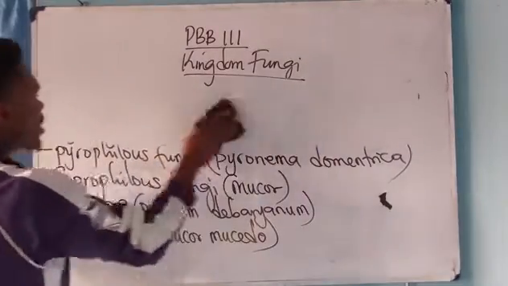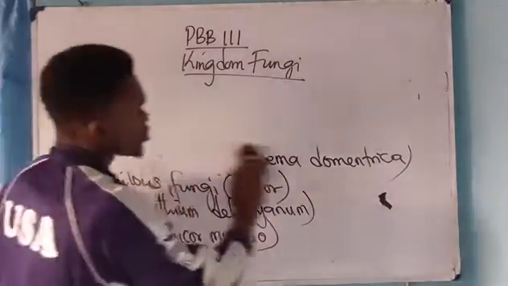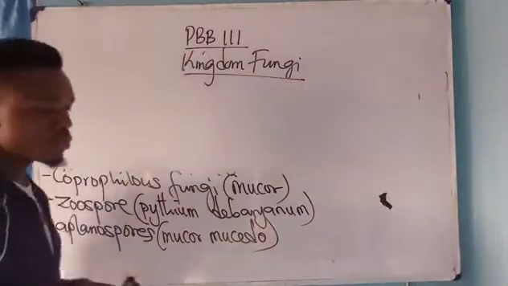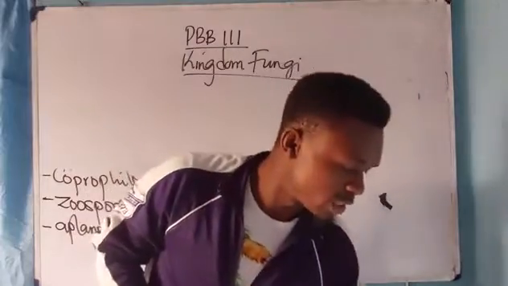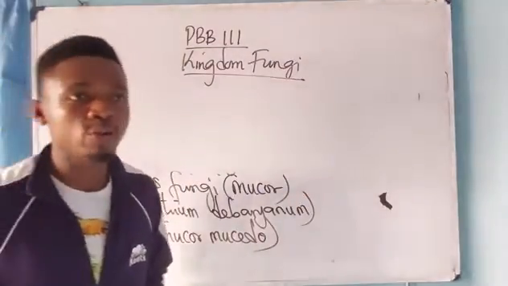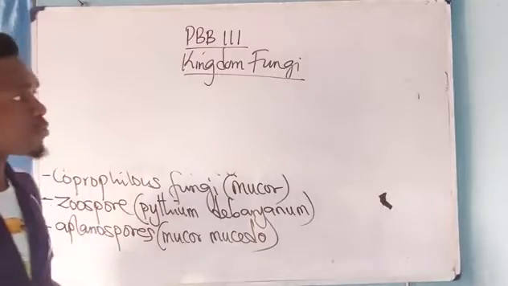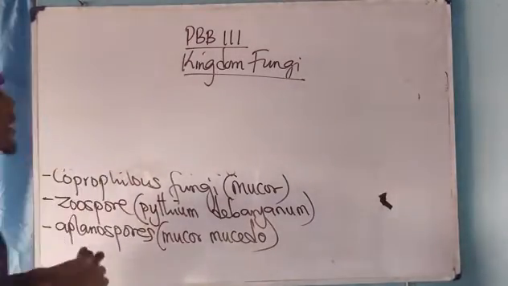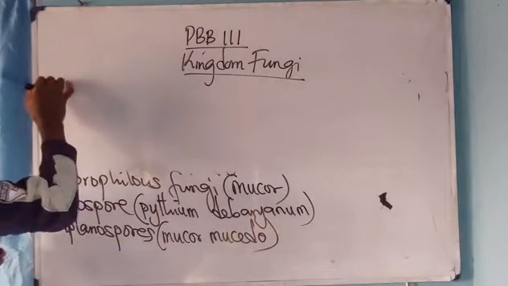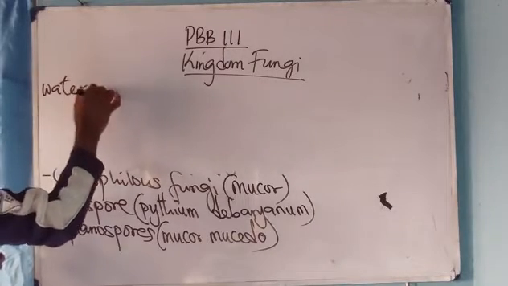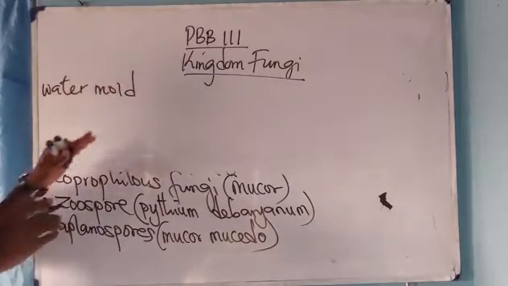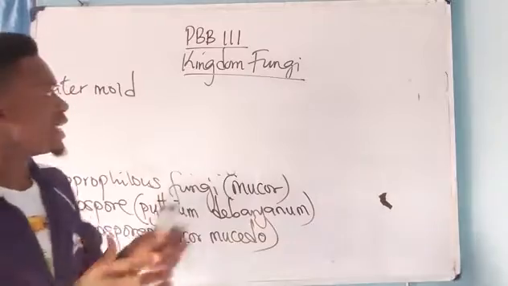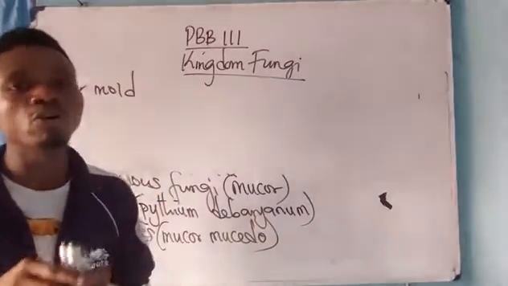Now, some fungi also produce spores during favorable conditions. These spores are produced during unfavorable conditions by the water mold. The water mold produces a type of spore during unfavorable conditions, and these spores are found resting on the hyphae.